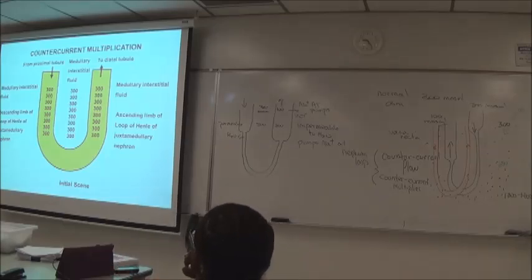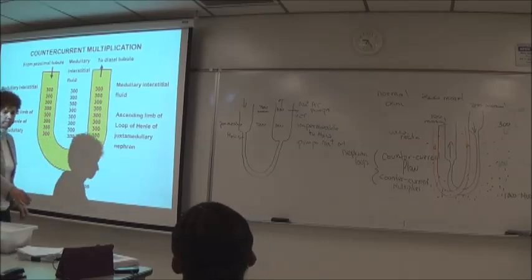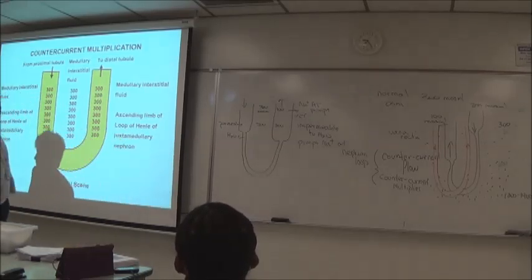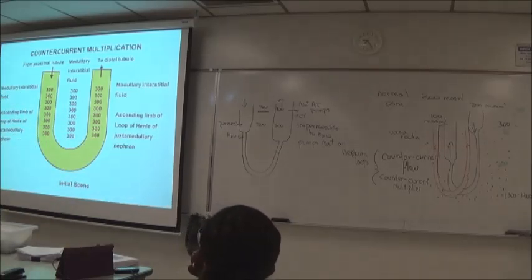So on the left side we have the descending limb, and on the right side we have the ascending limb. Okay? We allow the filtrate to flow in and fill the loop. We don't have any pumps turned on now. We just have a stationary system.